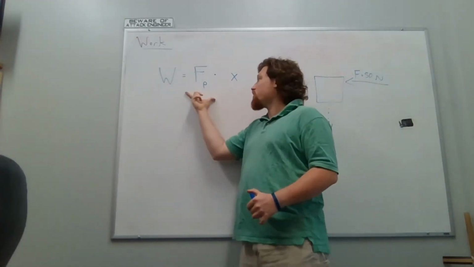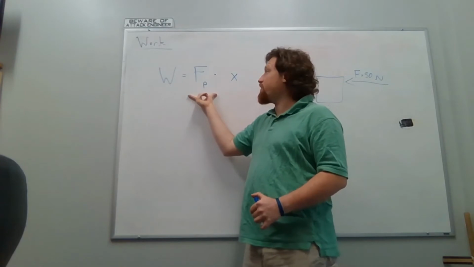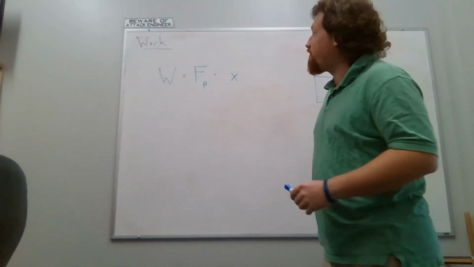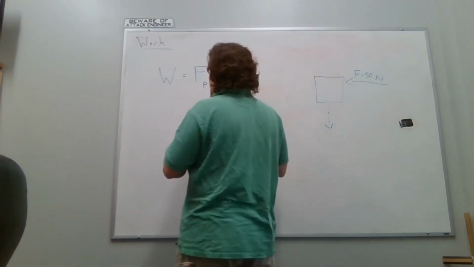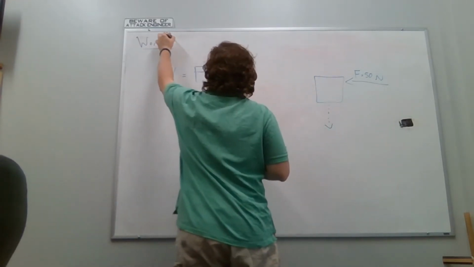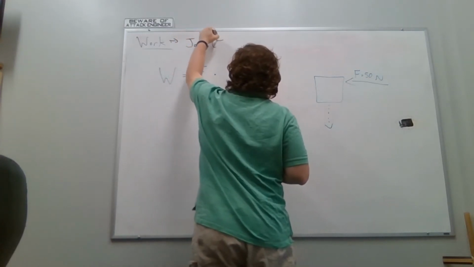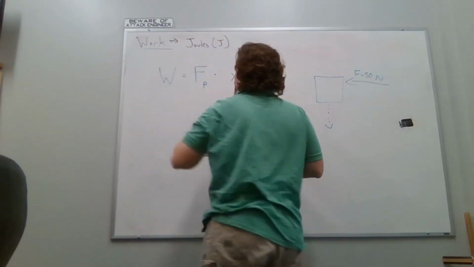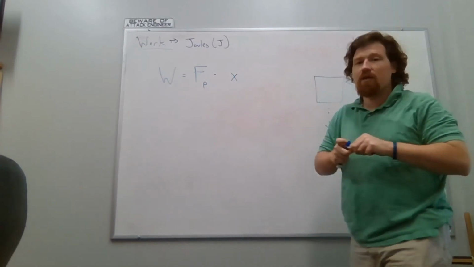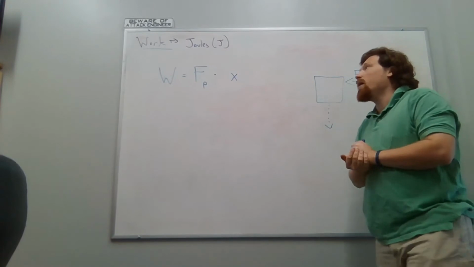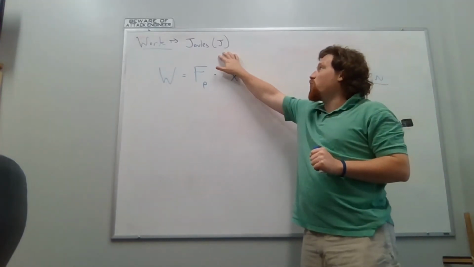So this is going to be our formula for work that we are going to use. The W here represents the work itself. Something to be aware of, work is measured in units of joules. So we measure distance in meters, we measure mass in grams, we measure force in newtons, and we measure work in joules.